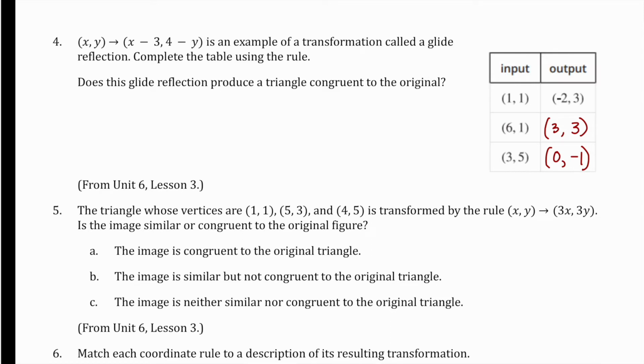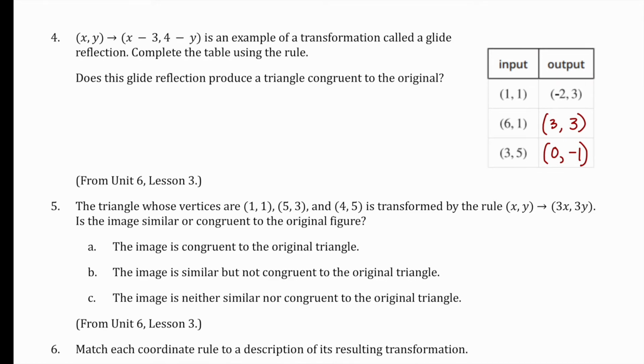So here, x minus 3 is a translation, but the 4 minus y, let's look at the way we can write 4 minus y. You could also write that as negative y plus 4.